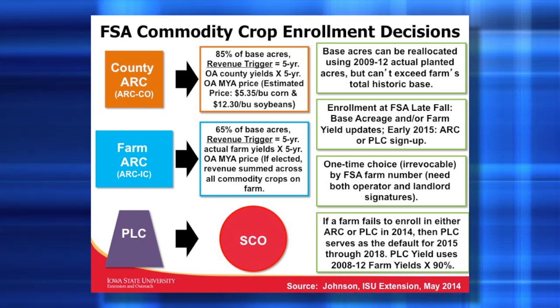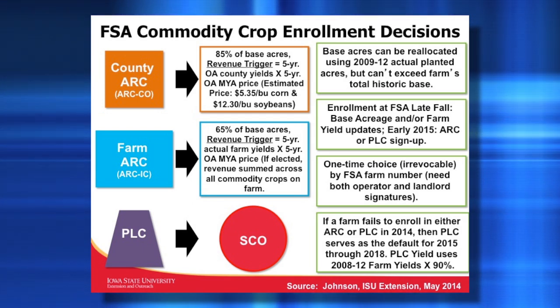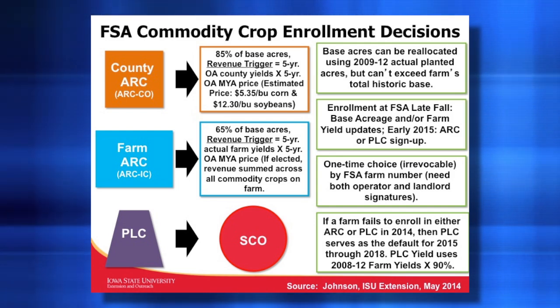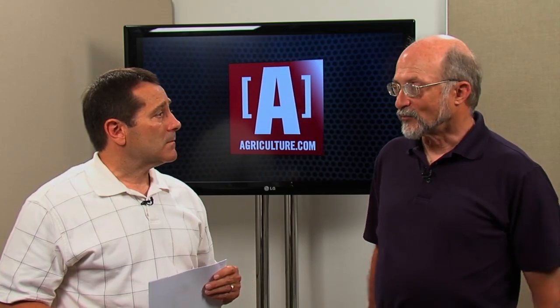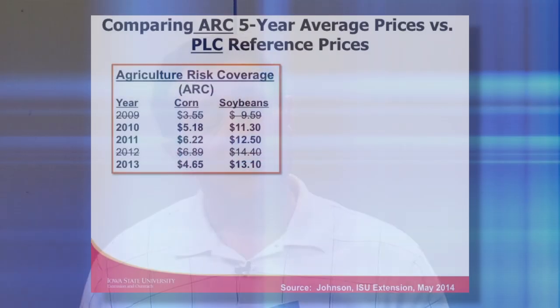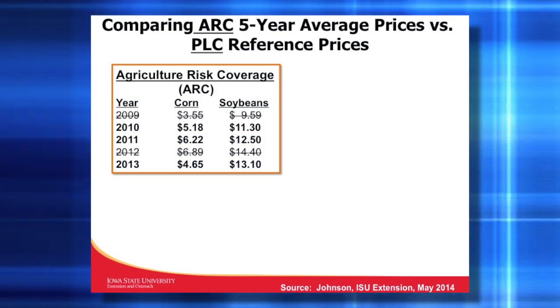Okay. So I think it's important to understand what I call our PLC overview, but it's also important to understand the prices. Can we go through exactly how those Olympic averages are calculated? Sure. We'll use the last 5 years, marketing year average price. It's the weighted average cash price. We'll look at the years 9, 10, 11, 12, and 13.